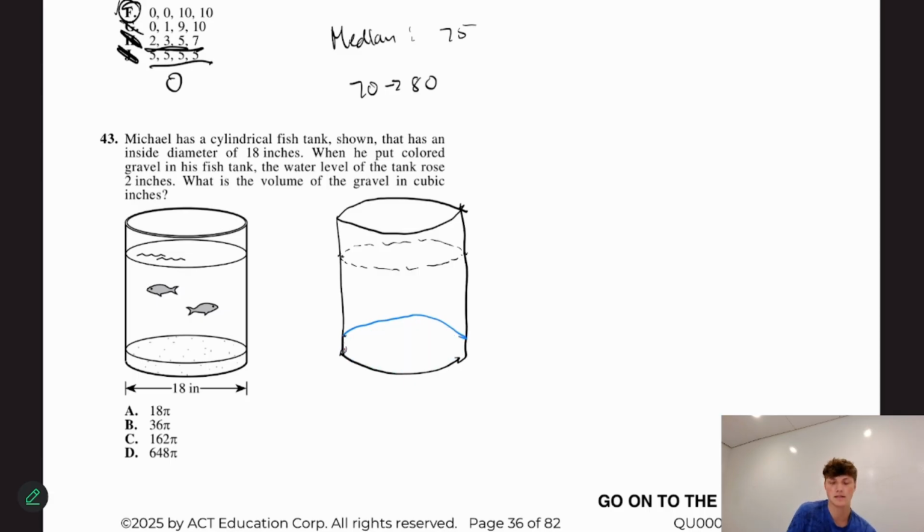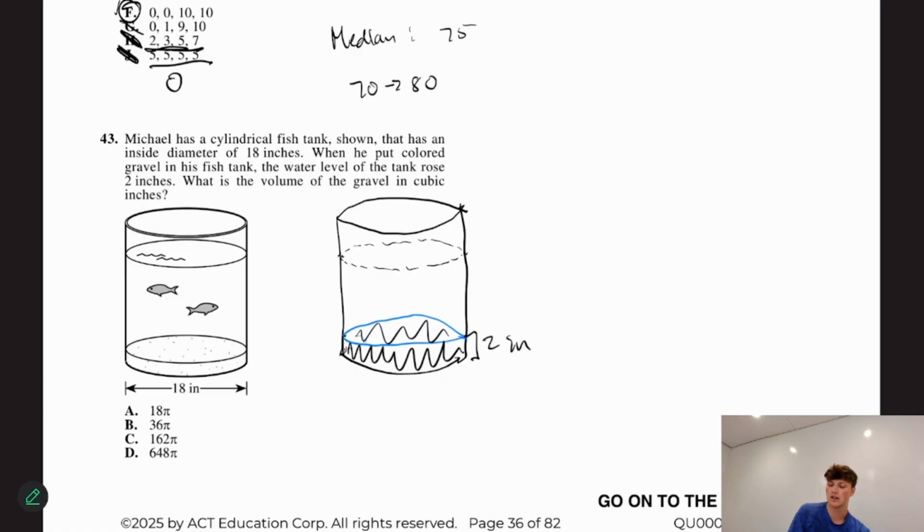It must disperse, and the new water level goes up. It starts at 2 inches higher. Basically, the bottom is being raised up by 2 inches, and there's nothing but gravel down here. So that's gravel, and now the water has been raised up by 2 inches because the gravel's full volume goes in by 2 inches. Okay, hopefully that makes sense.